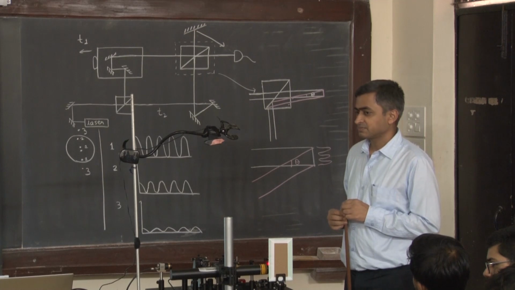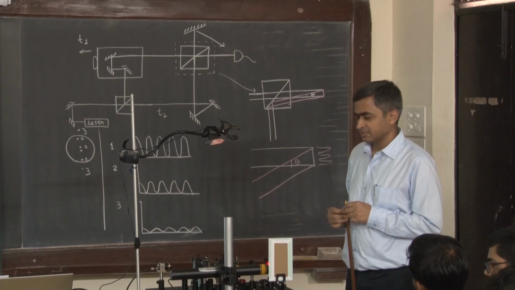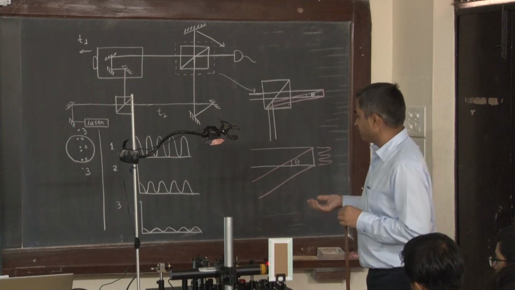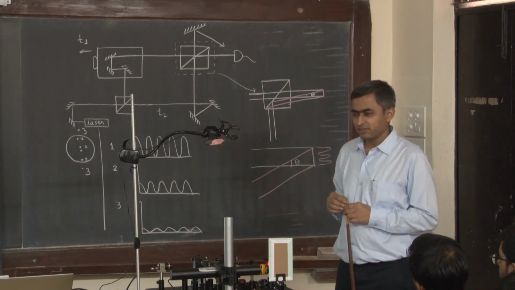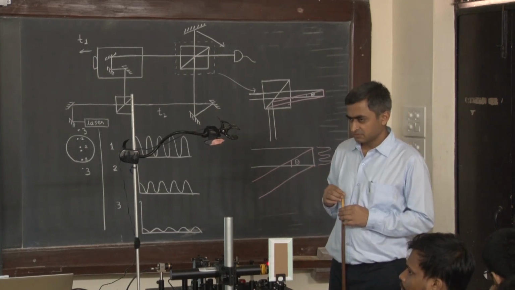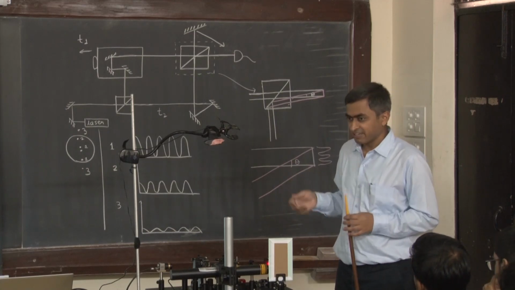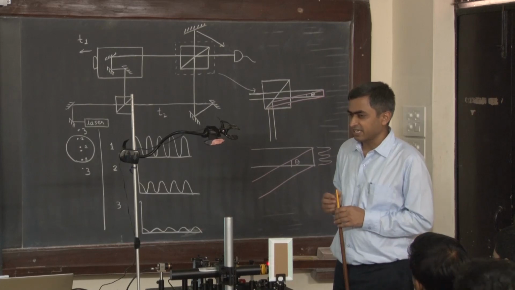Sir, you said that you can decrease theta. Yes. If you decrease theta to 0, then the spatial fringes are gone. Then only the temporal effect, if there is any, remains. If I change time, then you can still see the effect of time.